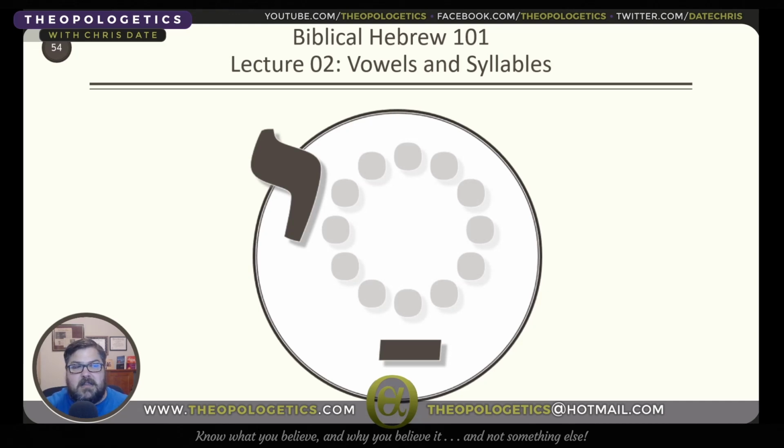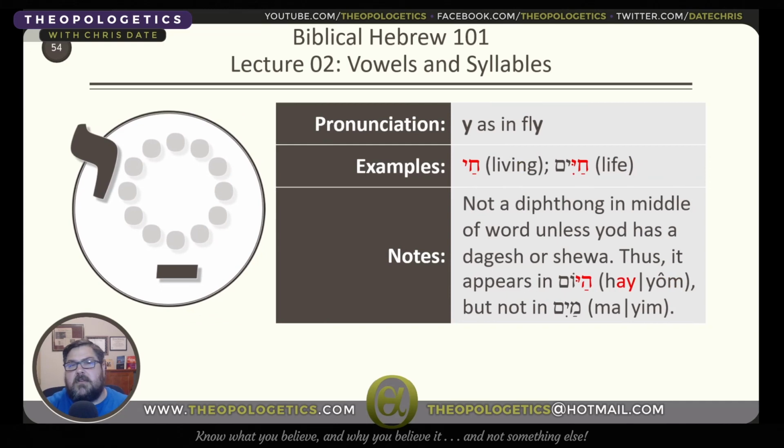This patach, followed by a yod, makes the sound Y, the sound of the letter Y in the word fly. So for example, chai means living and chayim means life. Now, in the middle of a word, this is not a diphthong unless the yod has a dagesh or shewa.